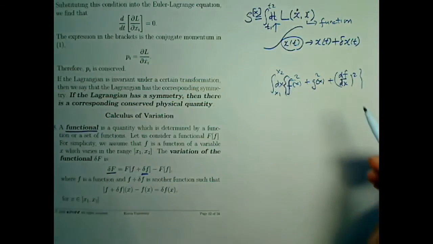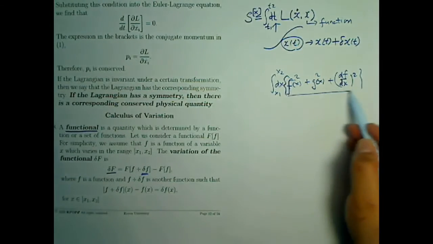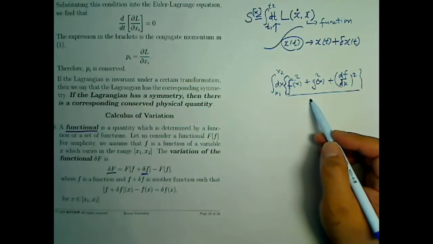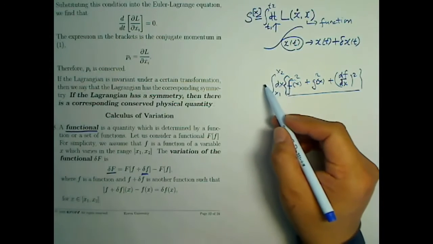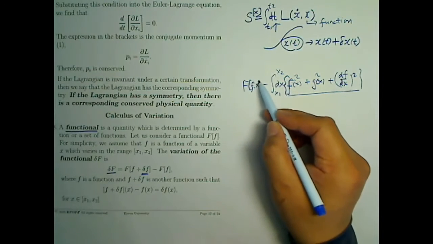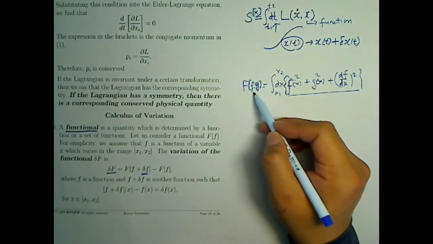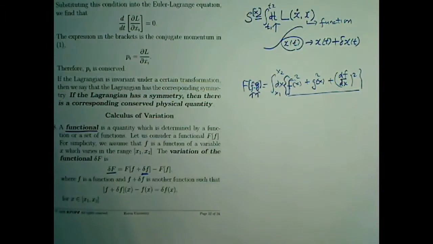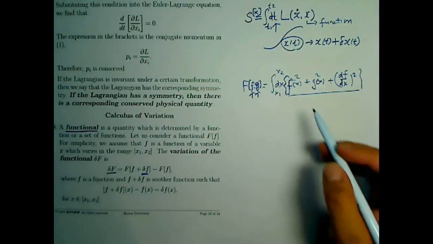I don't care what it will be. So this is the integrand of this function, and we can say this is a functional of f and g and their derivatives. Okay.